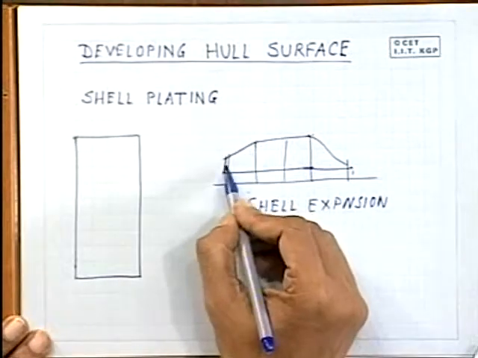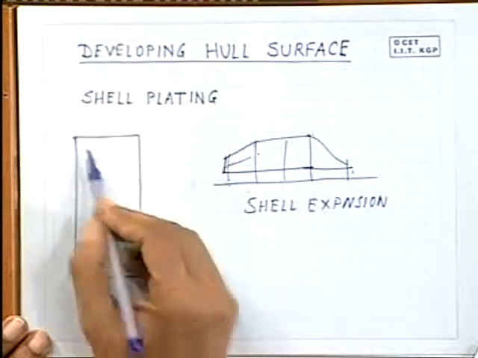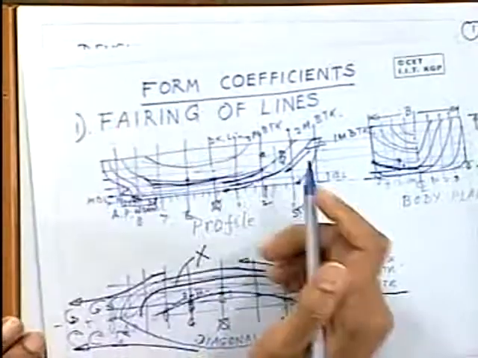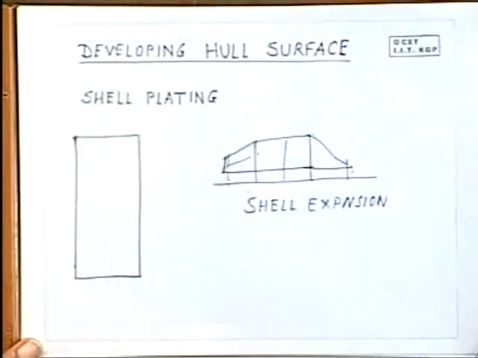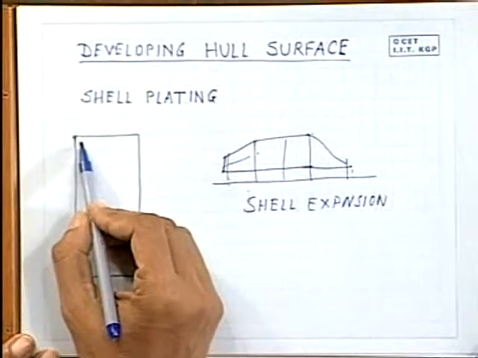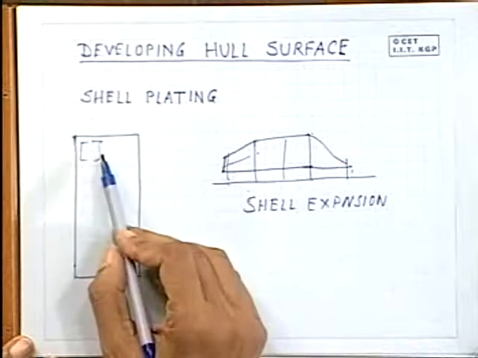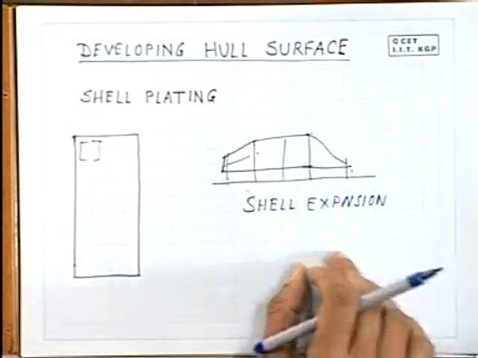This will give you the nature of the plate, and then these plates are cut. If you have a mathematical surface, you can just break the hull into smaller patches and develop those regions, right? That will be more accurate, and you can nest the plates here and then cut them. So that is the main job of the naval architect.